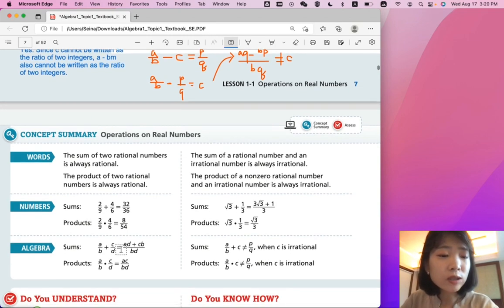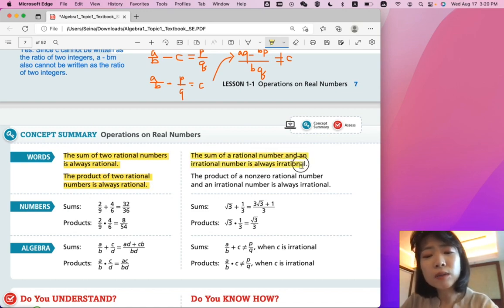So the sum of two rational numbers is always rational, is what we observed. The product of two rational numbers is always rational as well. But the sum of a rational number and an irrational number is always irrational. And the product of a non-zero rational number and an irrational number is always irrational.